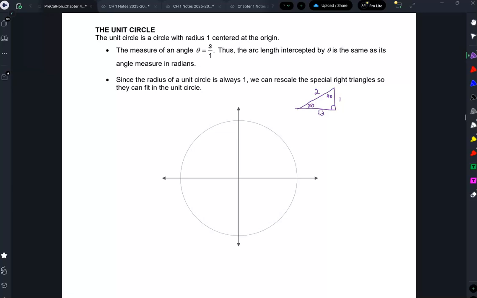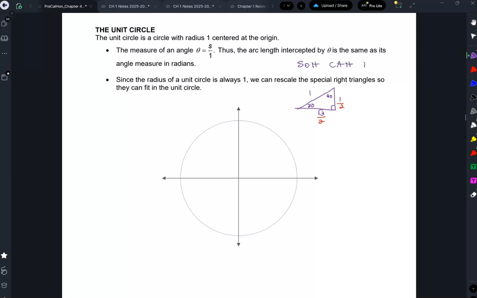That means I would have to divide this by 2 and then proportionally divide all these by 2. So now I get another triangle where this is 1, that's 1/2, and that's root 3 over 2. Okay? So now, why is that a good thing to do?